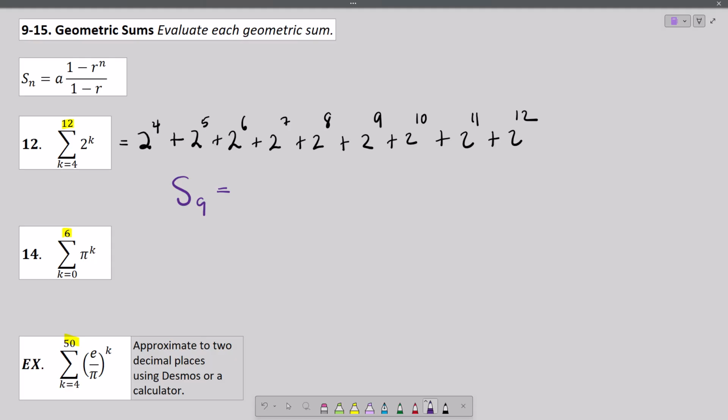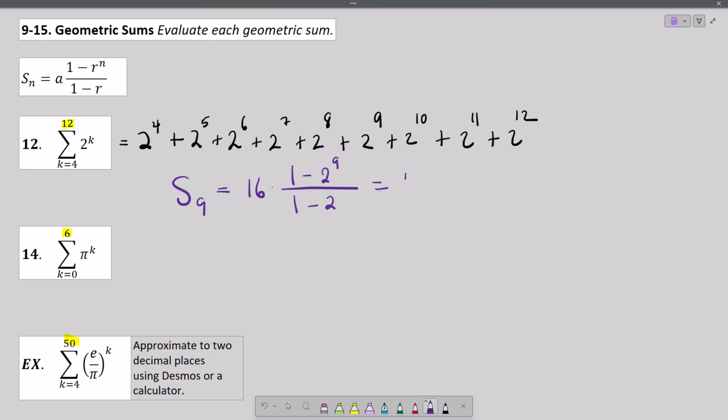A. What is the A value? A is always the value of the first term. So in this case, A is 16. It's the first term. And then we multiply by 1 minus R, and R in this case is 2, raised to the N. N is matching this over here, so it's 2 to the 9, all divided by 1 minus R.